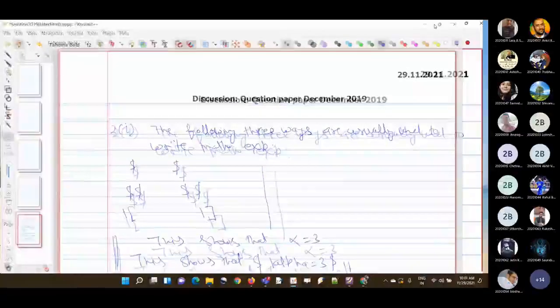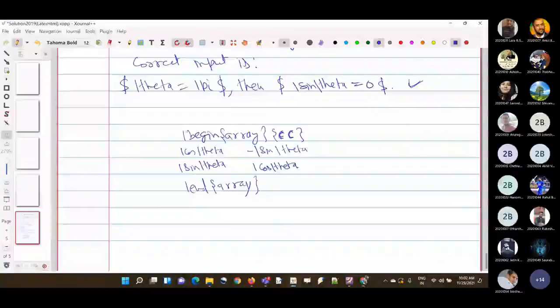Fine. But these things should be kept in math mode. So you have to write $$ here, $$ here. Okay. Fine. And then what is left? You need this kind of bracket. Okay. So you have to close it.